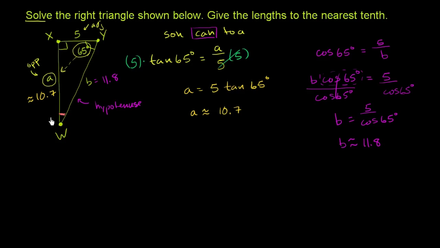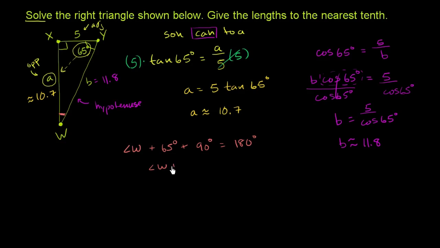Well, here we just have to remember that the sum of the angles of a triangle add up to 180 degrees. So angle W plus 65 degrees, that's this angle right up here, plus the right angle, since this is a right triangle, will add up to 180 degrees. We could simplify the left-hand side: 65 plus 90 is 155.